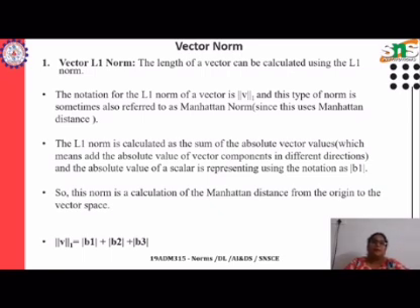It can only be non-negative or positive values. Okay, so the notation of L1 is the double modulus of 1, because it is an L1 norm. So the vector is calculated as double modulus V.